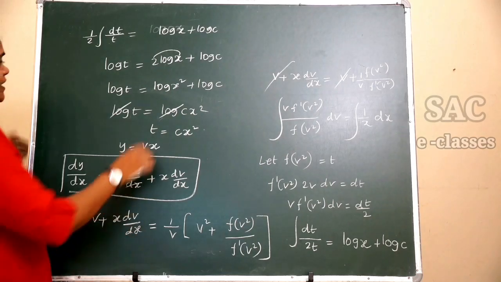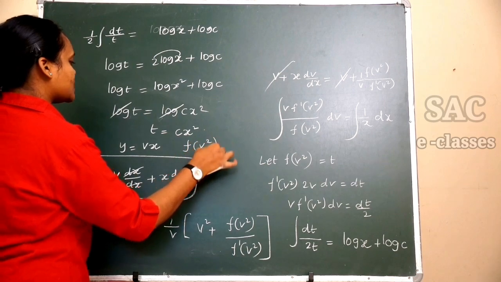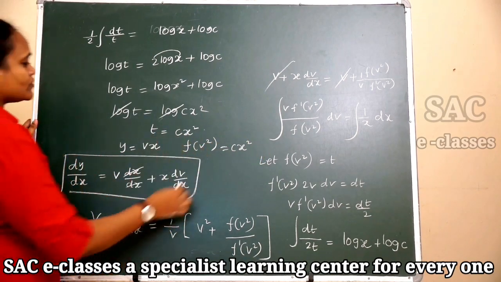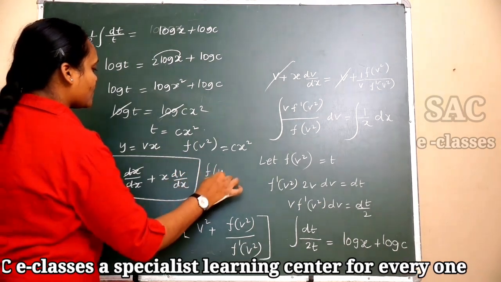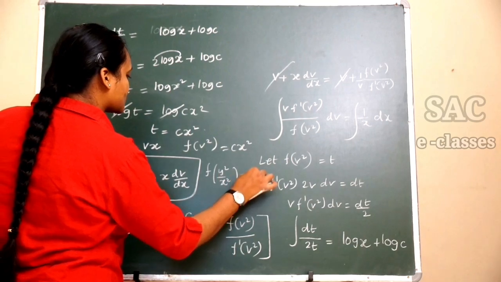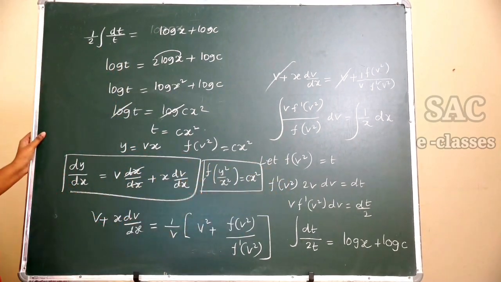Now what is meant by t? You know that f of v square is equal to cx square. But v means y by x, so f of y square by x square is equal to cx square. This is the solution of the given differential equation.